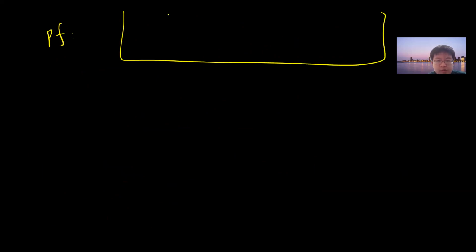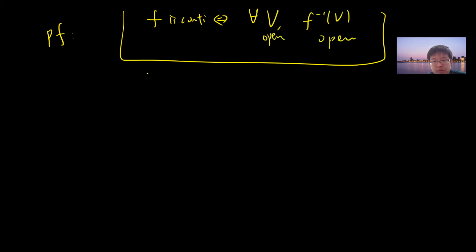Remember that we proved that f is continuous if and only if for all open sets V, f inverse of V is open, right? So now you apply f as f inverse.